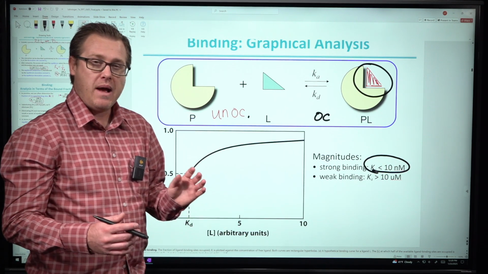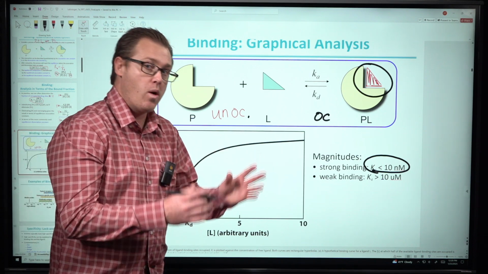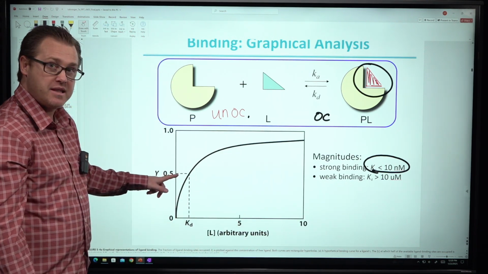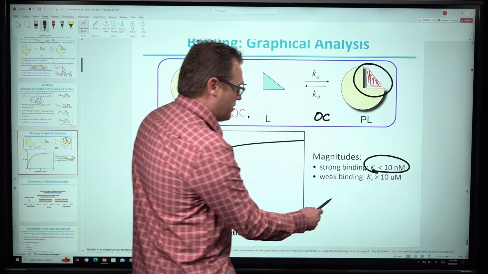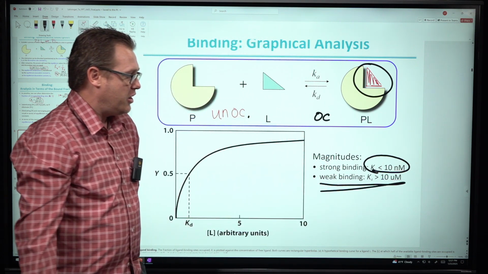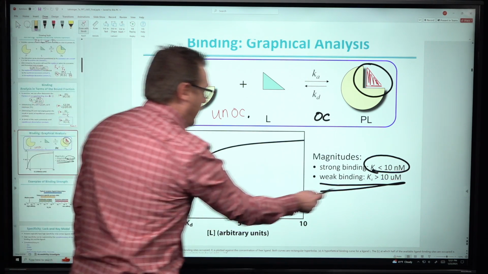But if the ligand doesn't bind very well, it's going to take more and more and more ligand to eventually get to 50%. And so that's what you see here. When you have a weak binding right there, you have a much higher concentration. Look at that.